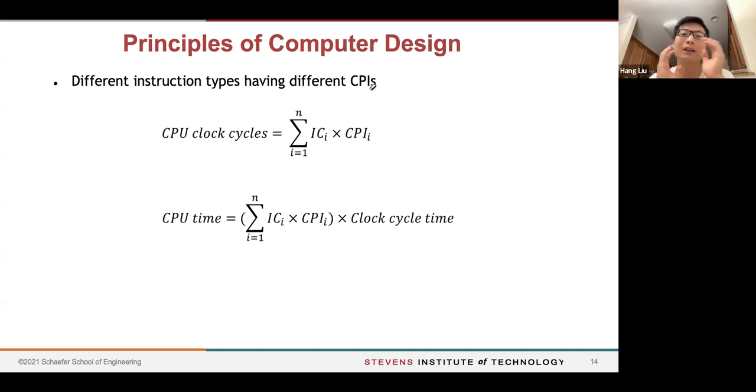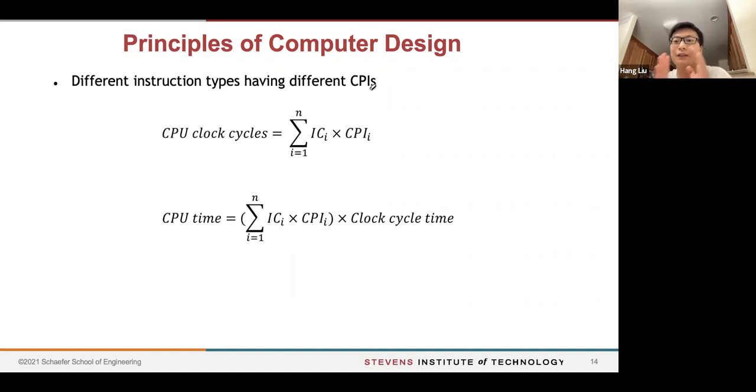So basically we get different instruction counts, like for single floating point, double floating point, integer, and we have a logical instruction count, et cetera, et cetera. And every instruction type typically has the same cycles per instruction, right?